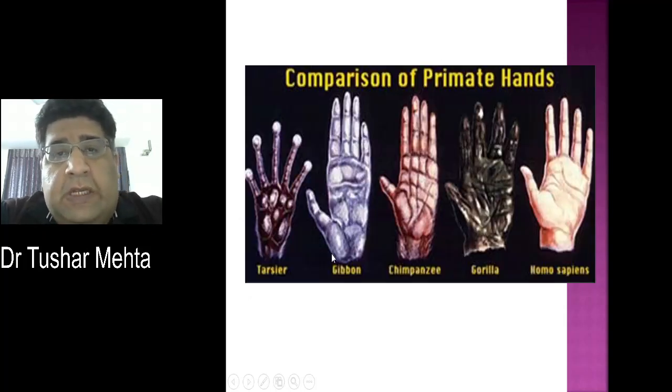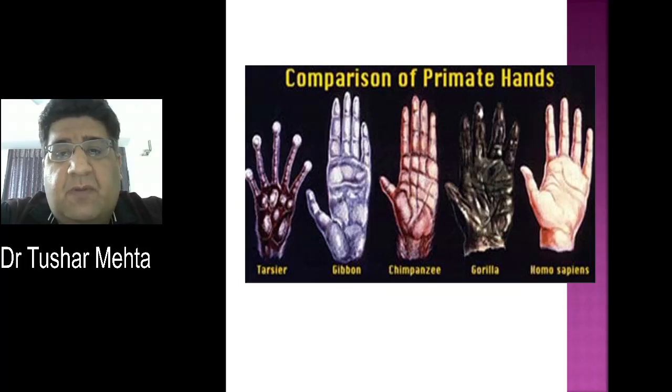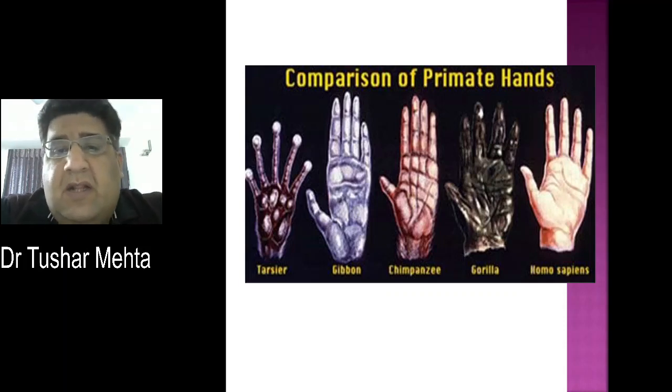Now I would like to just give you a brief on this. With the phylogenetic evolution of mankind, there is one classical difference and one important peculiar property that a human hand has as compared to other animals: we have these 4 fingers which are parallel to each other.